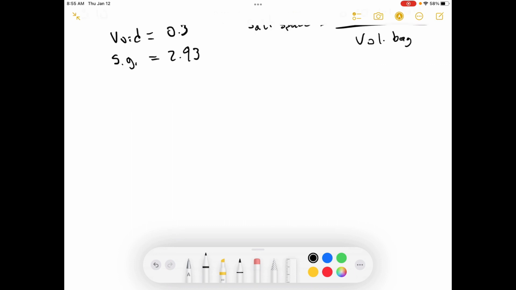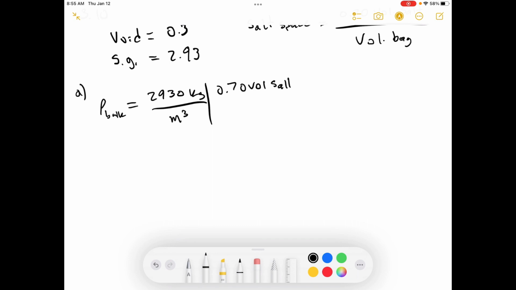We know that the bulk density of the bag for part A is equal to the density of the salt, in kilograms per meter cubed, multiplied by the volume of salt in the bag per volume of bag.